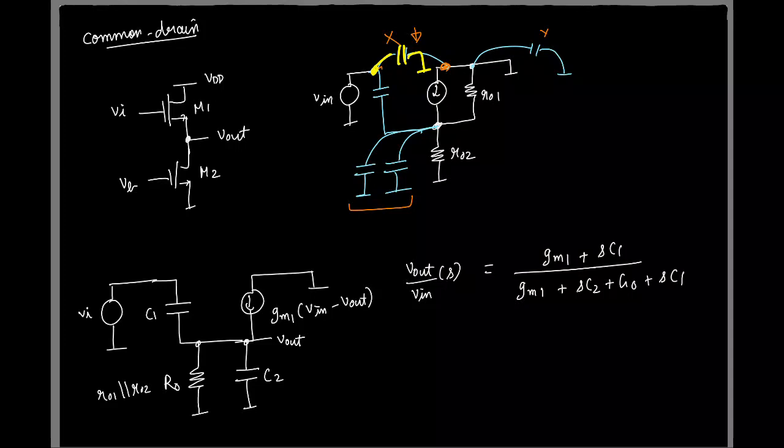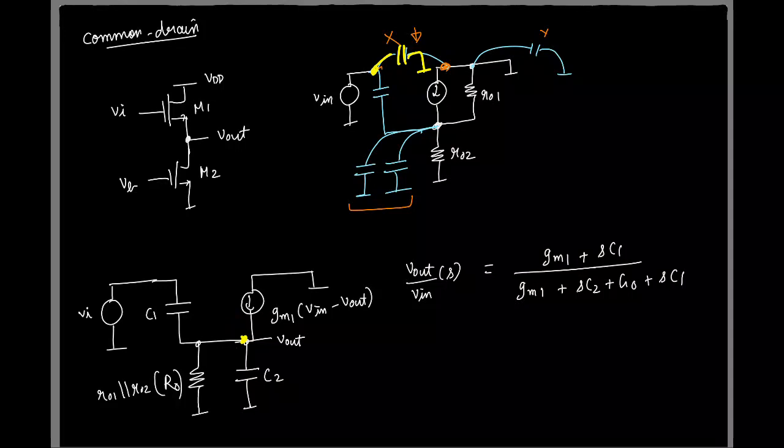So what I've written is fine? Okay. I mean, G0 is basically 1 by R0. I think that's what you meant, right? Anyways, you have only one node here, you apply the KCL and you should be able to get this. And I think this is the right expression.